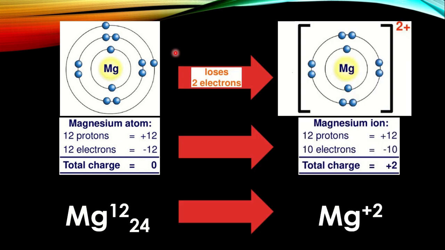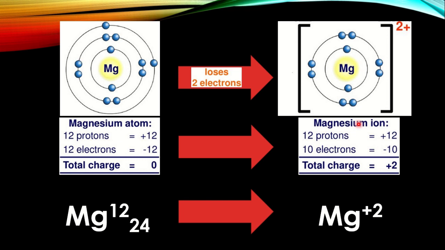So, mas madali para kay magnesium na ibigay na lang yung dalawa niya na valence electron or the outermost electron. So, kapag ginive up niya itong dalawa, nag-lose siya ng dalawang electron, ito na ngayon yung magiging outermost shell niya. Ito na ngayon yung magiging valence electron niya. So, 2, 4, 6, 8, kaya it is now stable according to the octet rule.